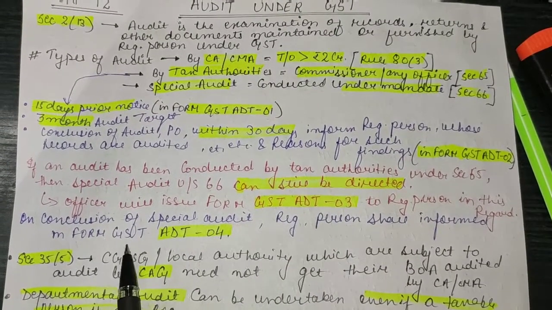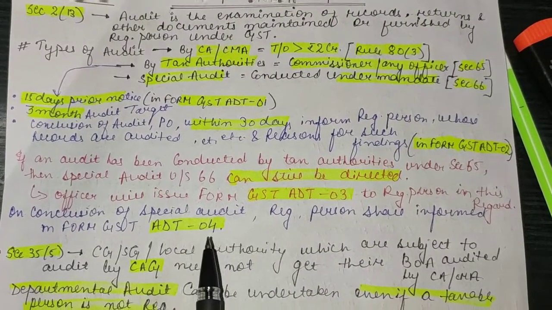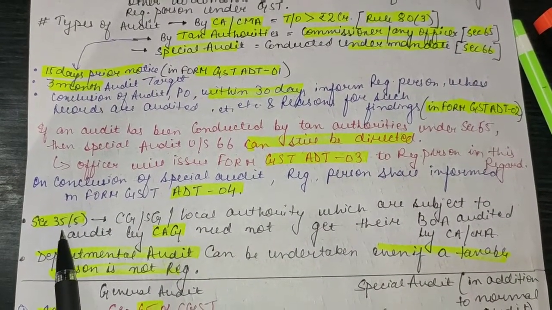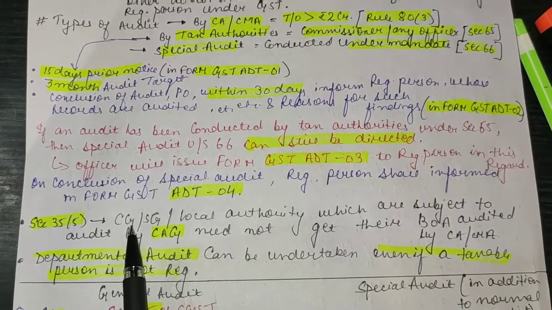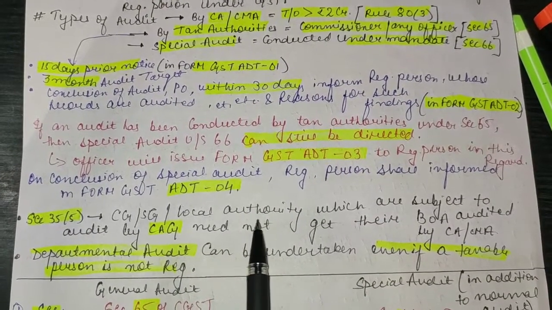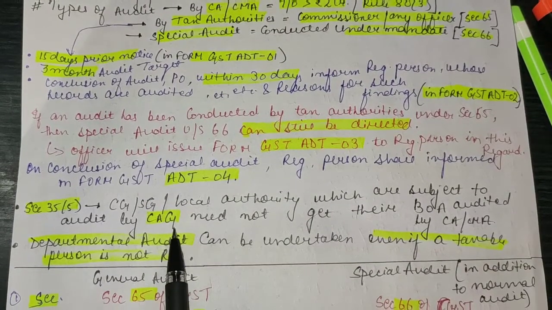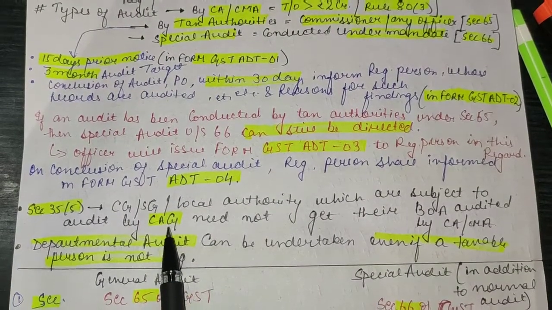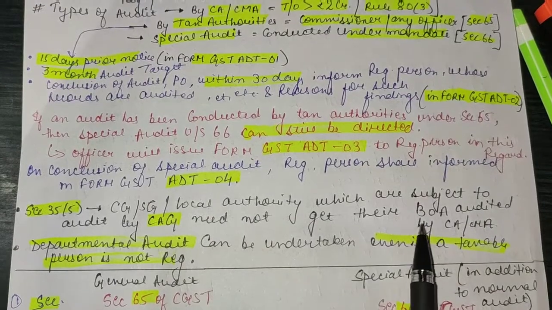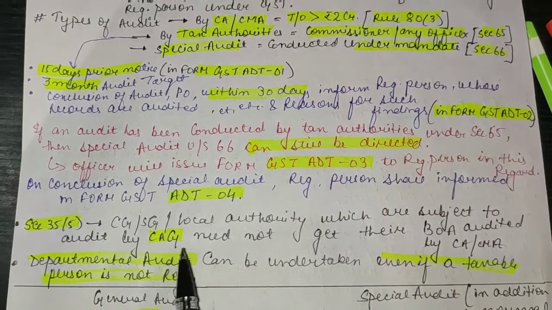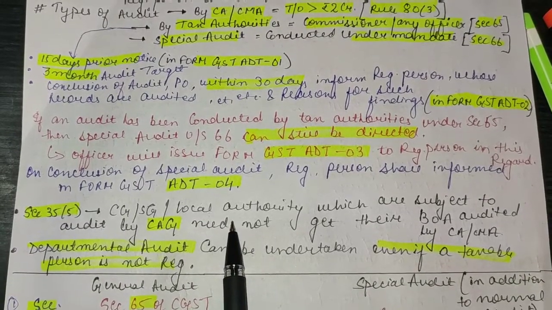form GST ADT 04. Now here comes another important point, that is in section number 35 subsection 5, central government or state government or local authority which are subjected to be audited by CAG, that is Comptroller and Auditor General, need not get their books of accounts audited by a CA or a CMA. This is one of the recent notifications which has come out.